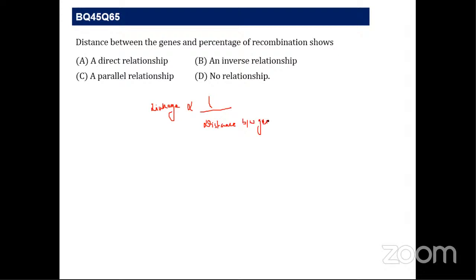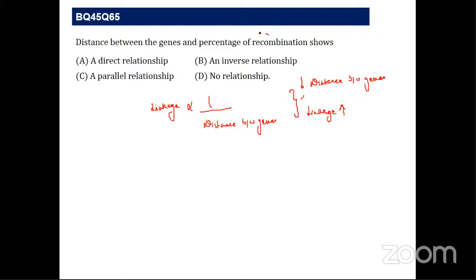Why am I saying that it is an inverse relationship? Because if I reduce the distance between the genes, if I bring the genes very close to one another, then the chances of linkage are going to increase. That is why this is an inverse relationship.